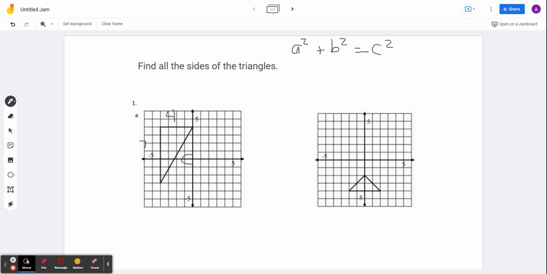So in this instance, we would just write, well, I know that 7 squared plus 4 squared is equal to c squared, or 7 squared is 49 plus 16 is equal to c squared. And then from there, you just add 49 plus 16, and you get 65 is equal to c squared.